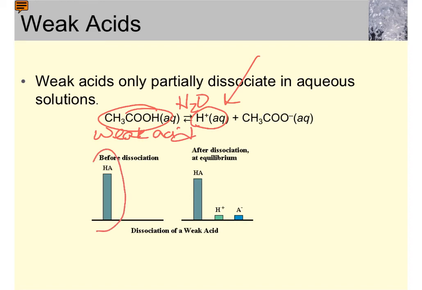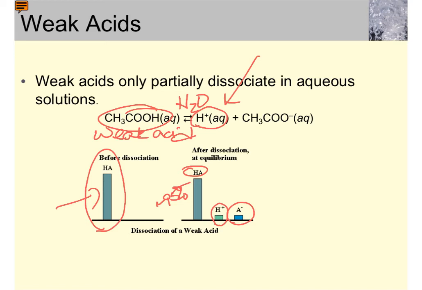This is how you put the weak acid into water. It's initially intact. What will happen right away is some of that weak acid will dissociate into the hydrogen ion and anion, but most of it, 95 to 99% of it or so typically, will remain in the intact form.